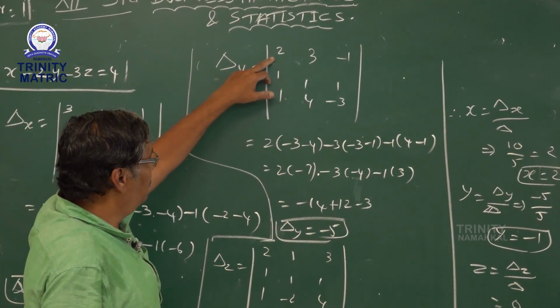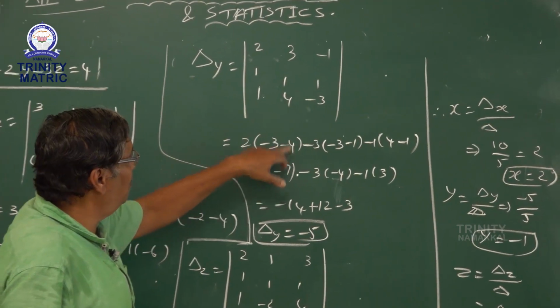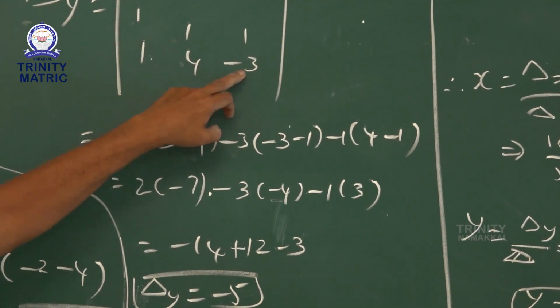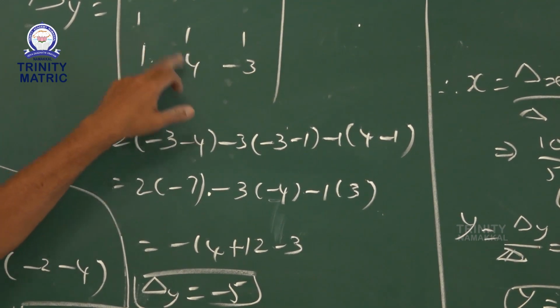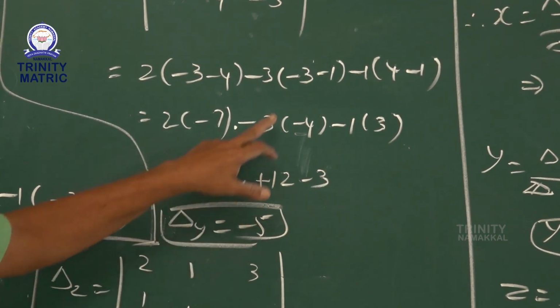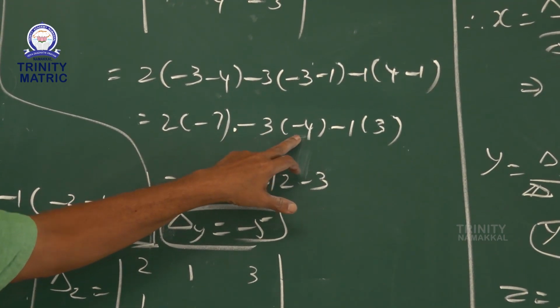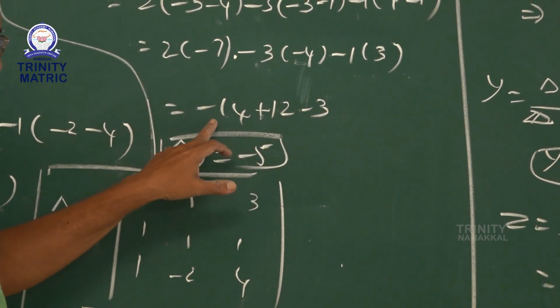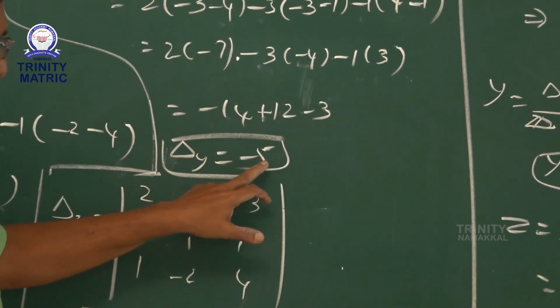Minus 7 into 2, minus 14. Minus, plus 3 4s are 12. Minus 17 plus 12, minus 5.